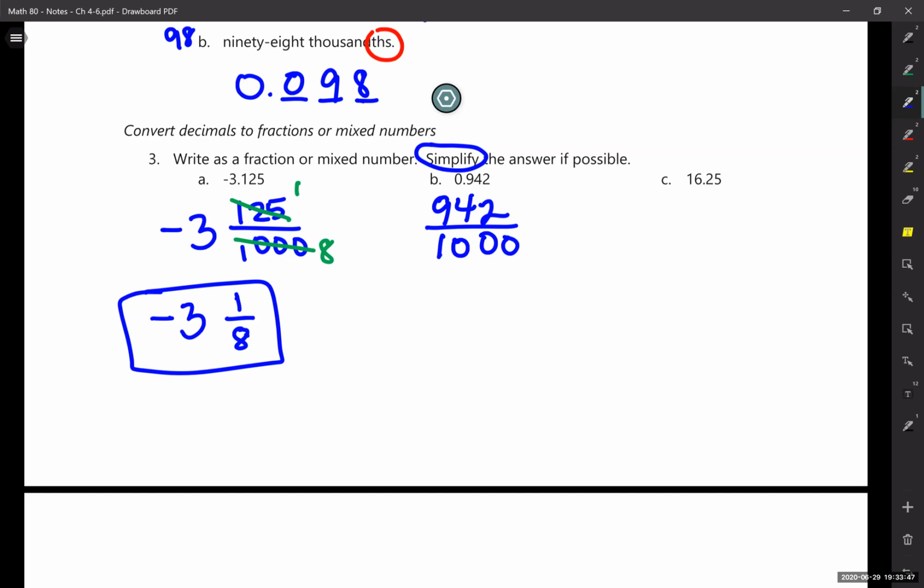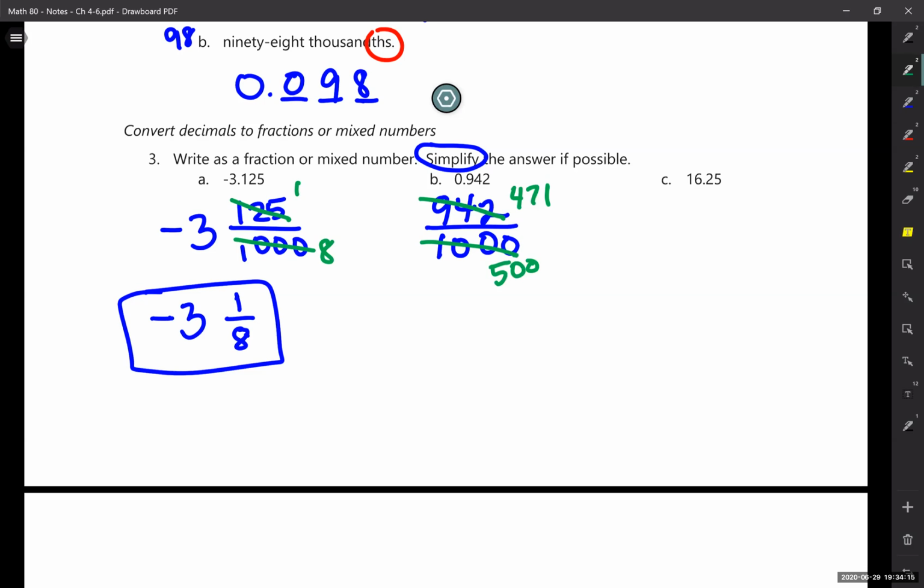Now 942 and 1,000 are both even. So I'm going to start there by saying 2 goes into 942, 471 times, and 2 goes into 1,000, 500 times.